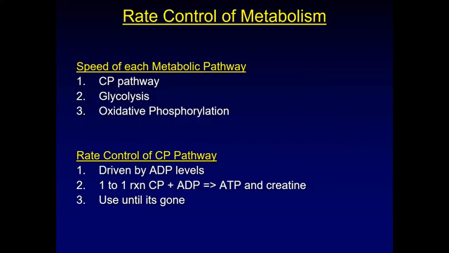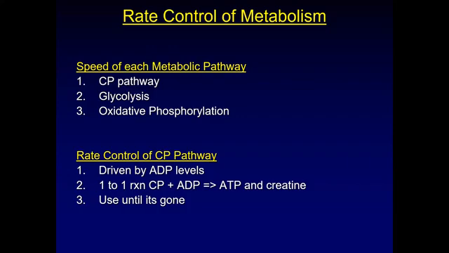Okay. Here is the speed of our pathways. Sure, you all are envisioning a multiple choice question where I put the pathways in order and say rank these from fastest to slowest, or which of the following is the correct order. When I say oxidative phosphorylation, what I mean is the aerobic pathways, Krebs cycle and the electron transport chain.